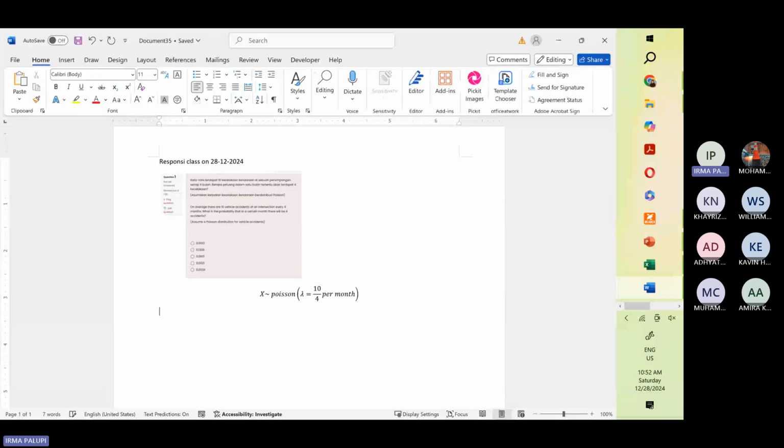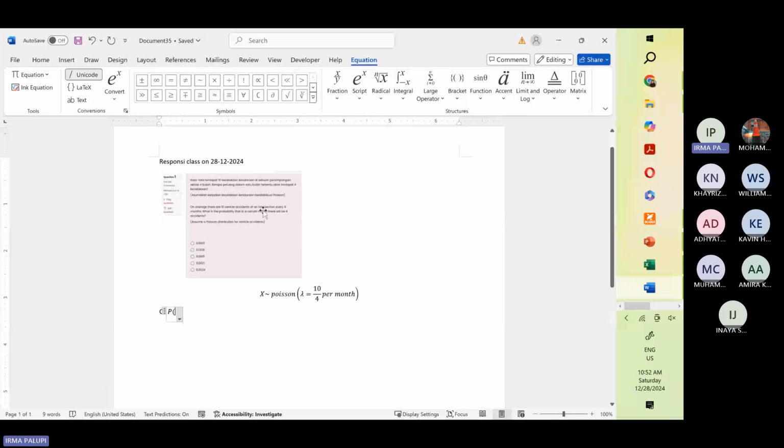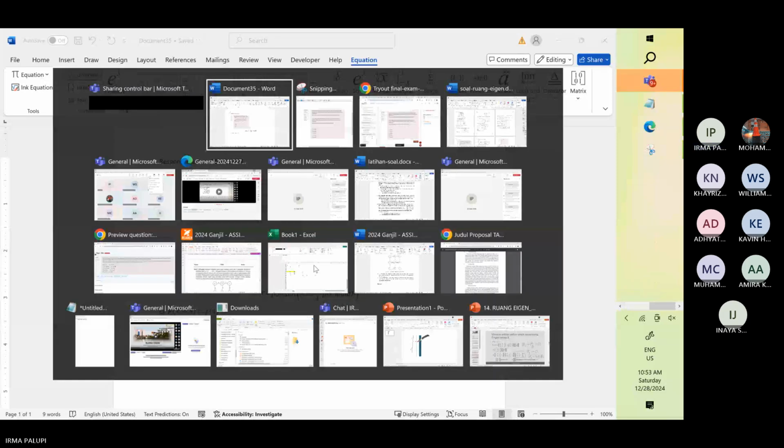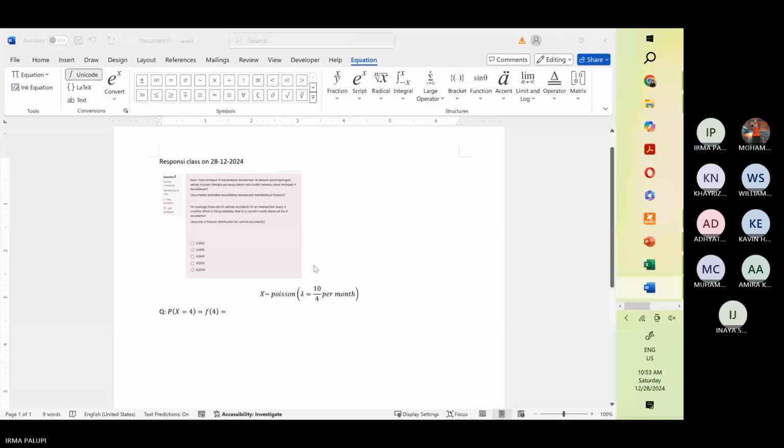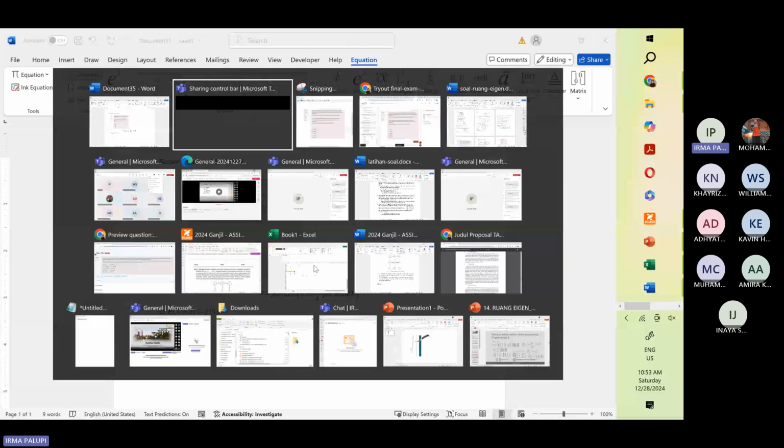What we want to find is the probability that in a certain month there will be exactly 4 accidents. So for X equals 4, we can use Poisson distribution, right? We can use Excel.